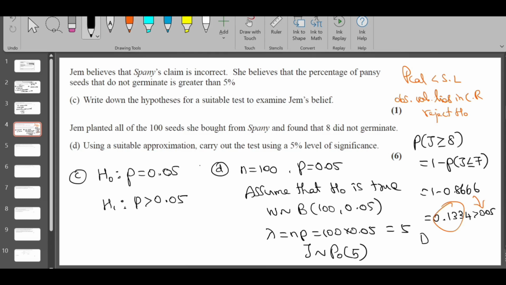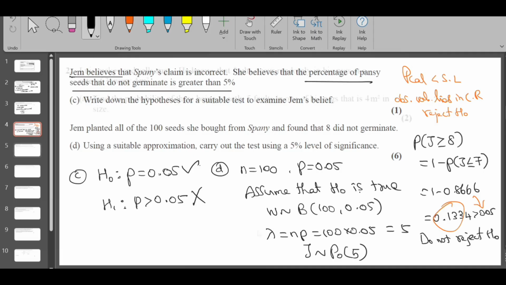So you need to write do not reject H0 first. We don't accept H1. So there is insufficient evidence to suggest what Jem believes, or insufficient evidence to suggest that the percentage of pansy seeds that do not germinate is more than 5%. You need to write the conclusion.